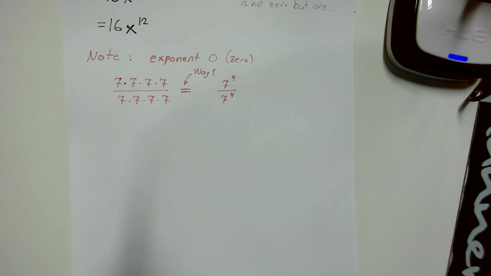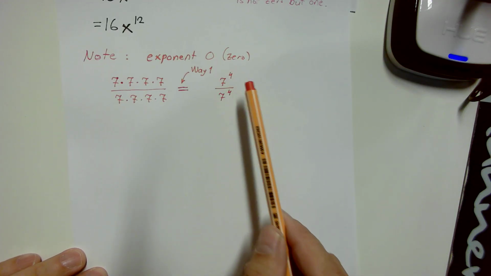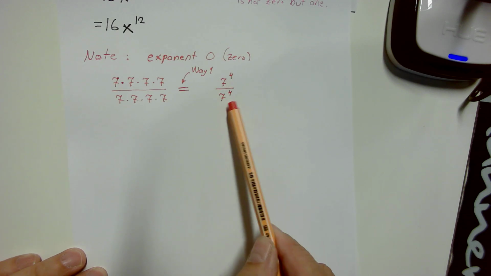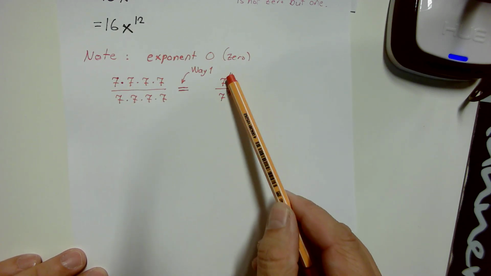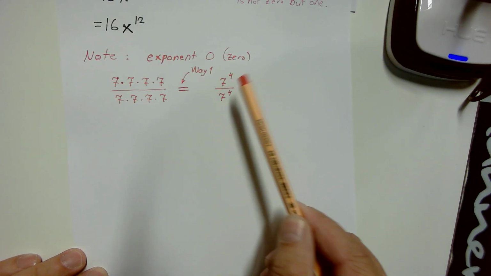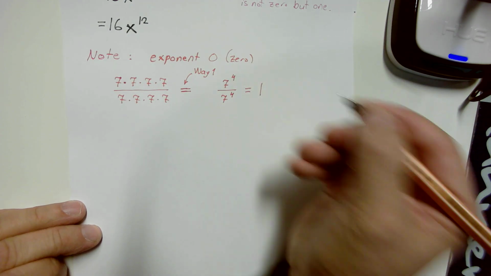Well, actually, if we watch this division, we have the same number in the top and bottom part of this fraction. These are the same numbers, and if they are the same numbers, it will come to 1.